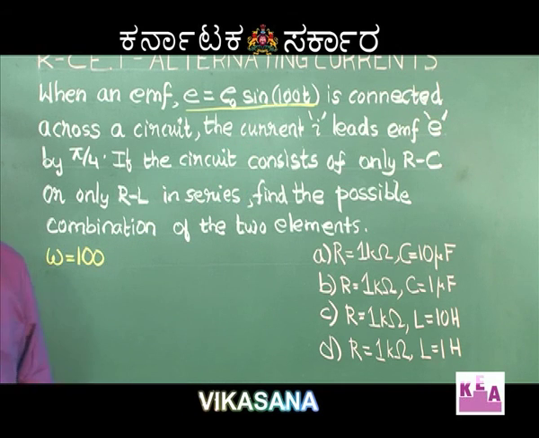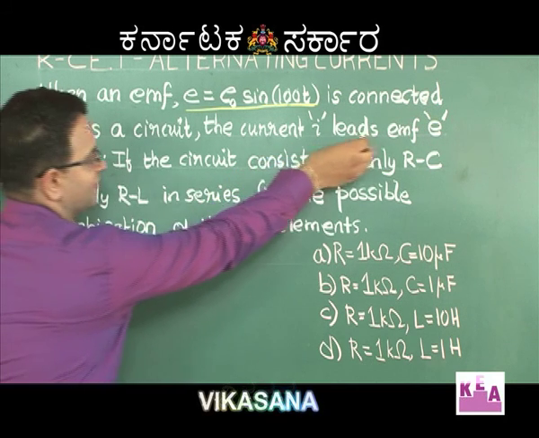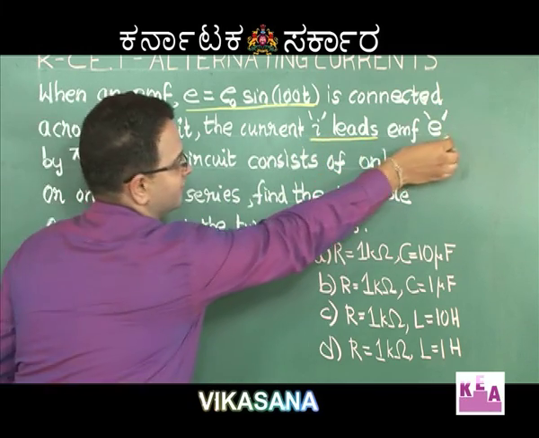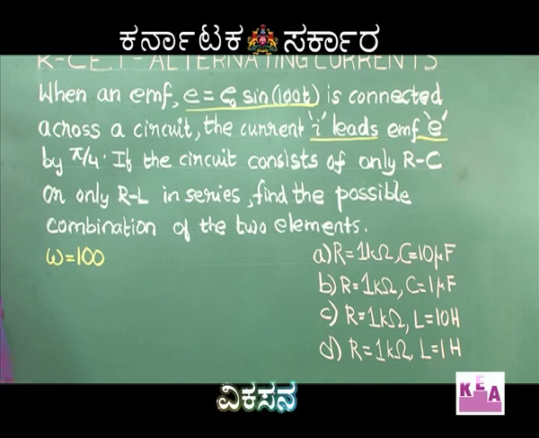Next, a very important piece of information for this question is that the current I leads the EMF by pi by 4. The very important point is I leads E. We know that in a capacitor the current leads the EMF.